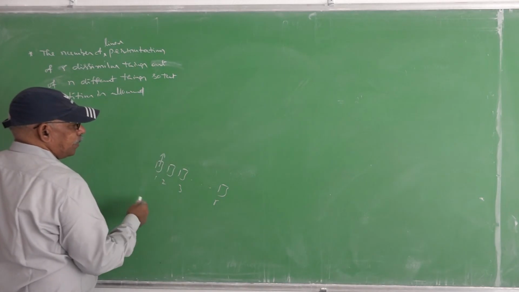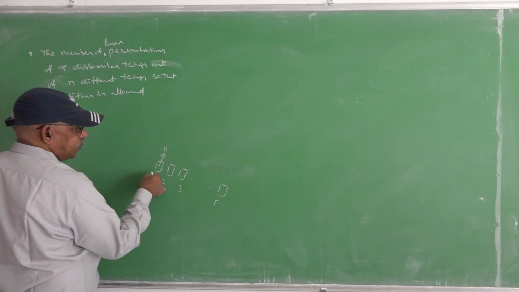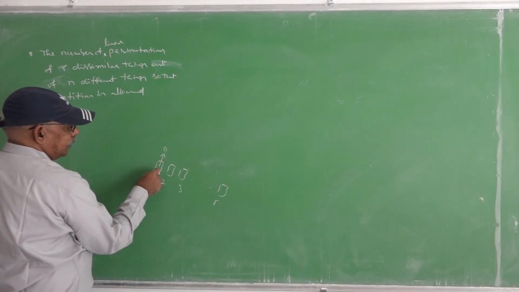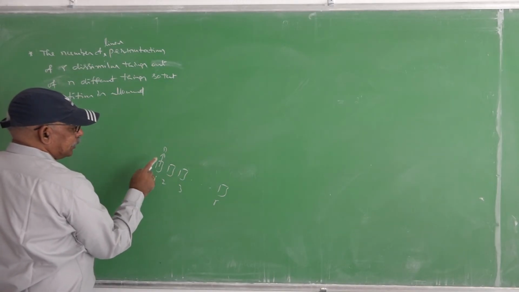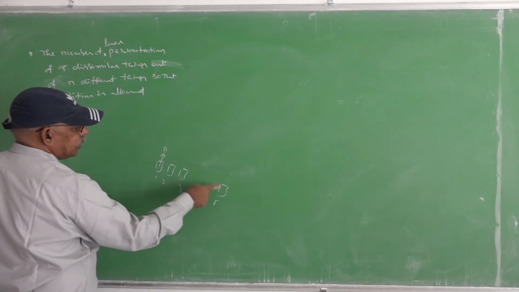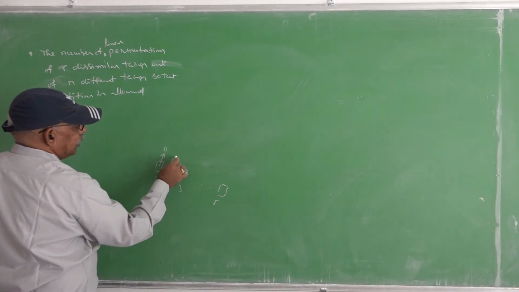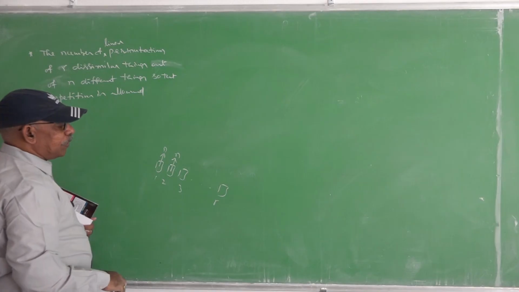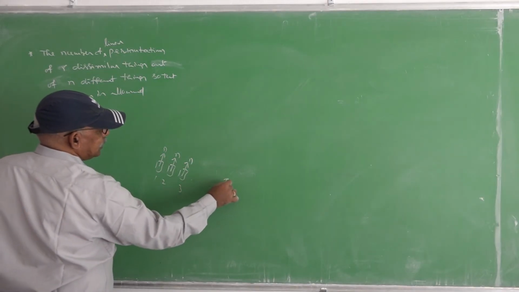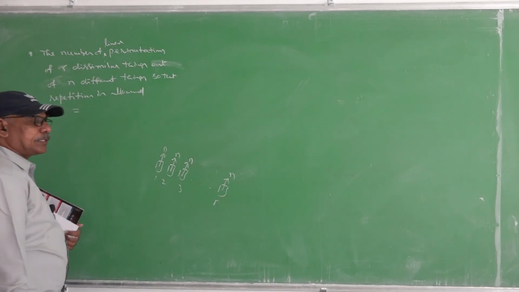Each blank may be filled in n ways, because out of n different things anything may be put here. You can use the thing used here, here also. Each and every gap can be filled in n ways.